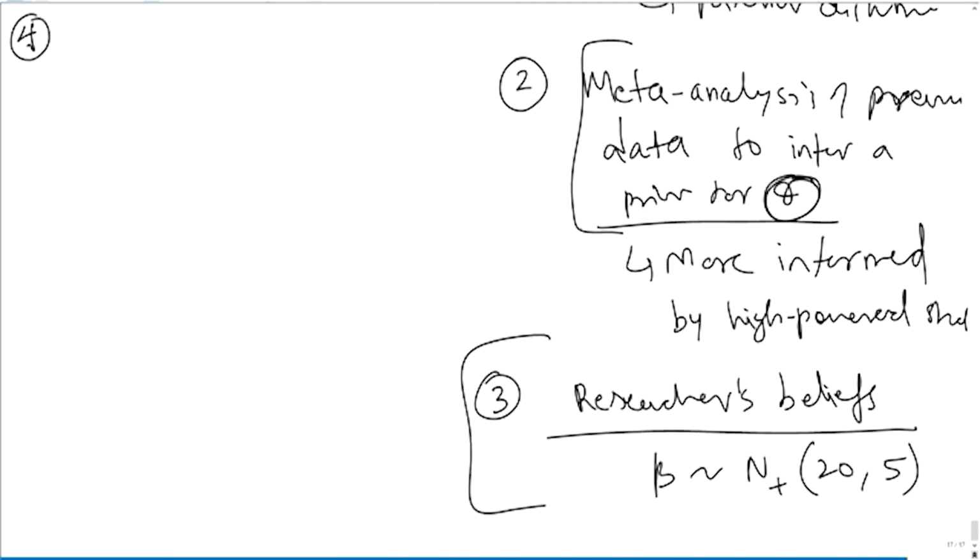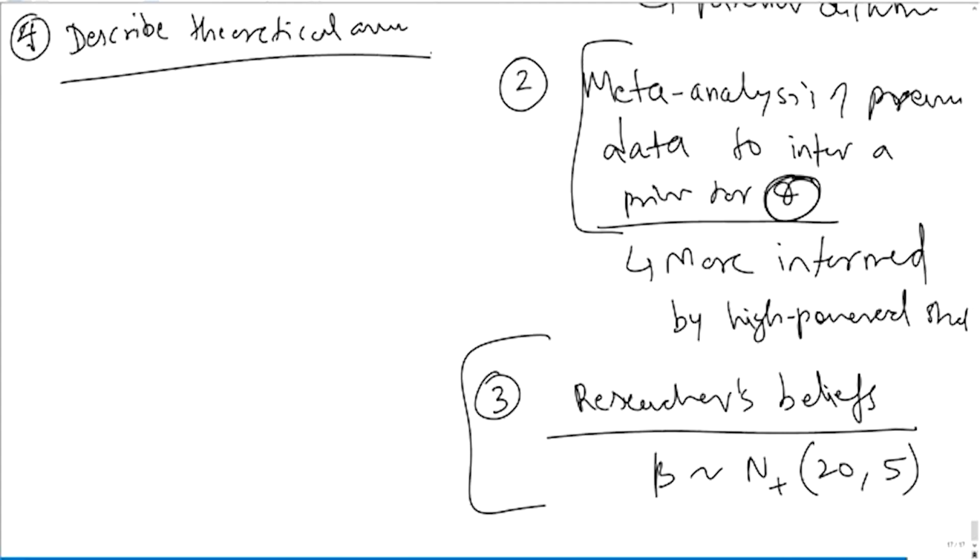Fourth, you can describe theoretical assumptions as priors. Sometimes you have well specified theories about a certain task, certain experiment, or certain generative process. And theories might have something to say about likely values of a parameter.